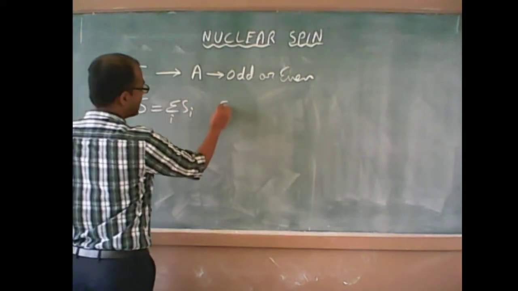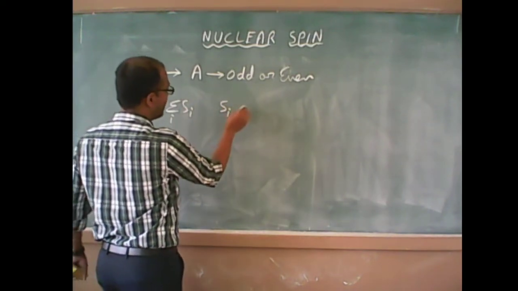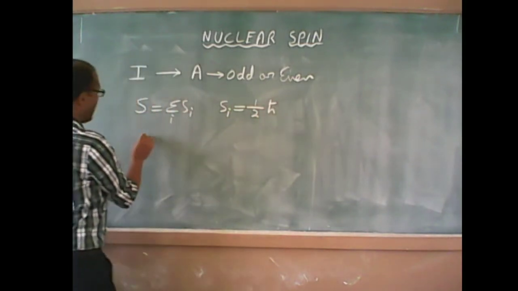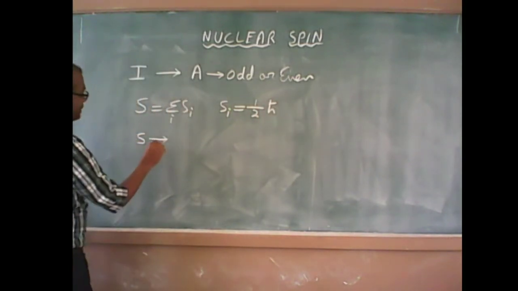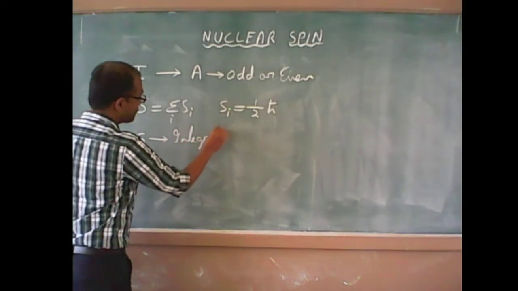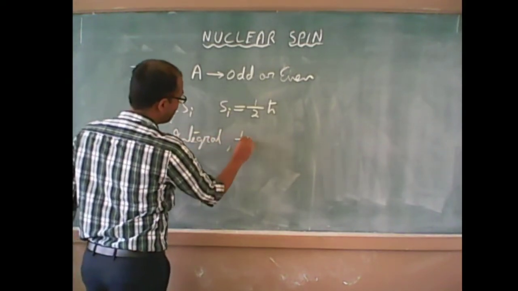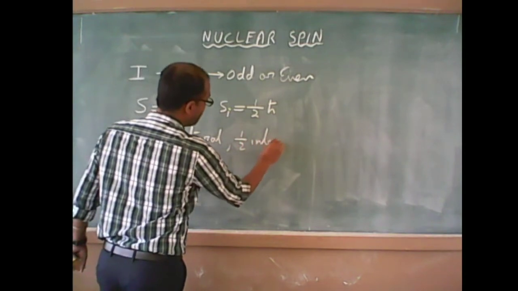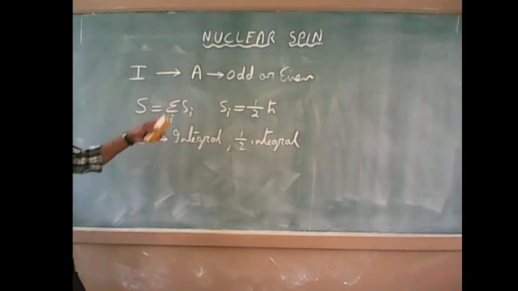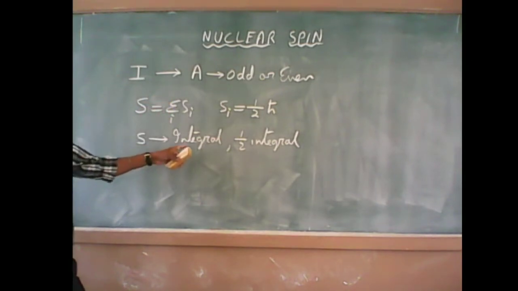Now each Si has a value of half h cross. So S can be either integral or half integral, depending upon whether the total number of nucleons is even or odd.